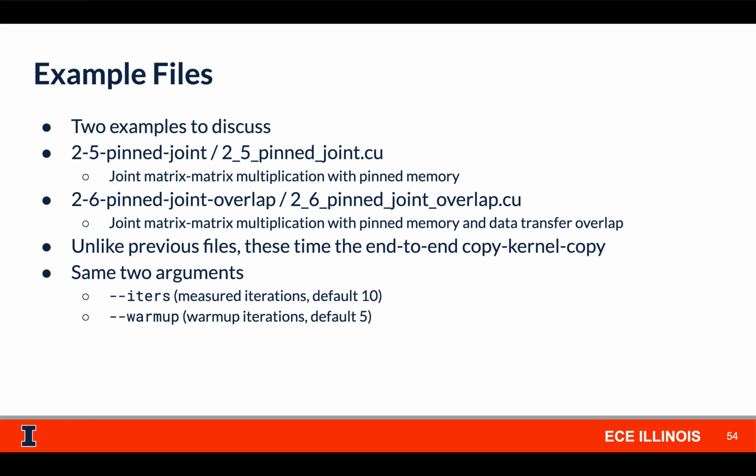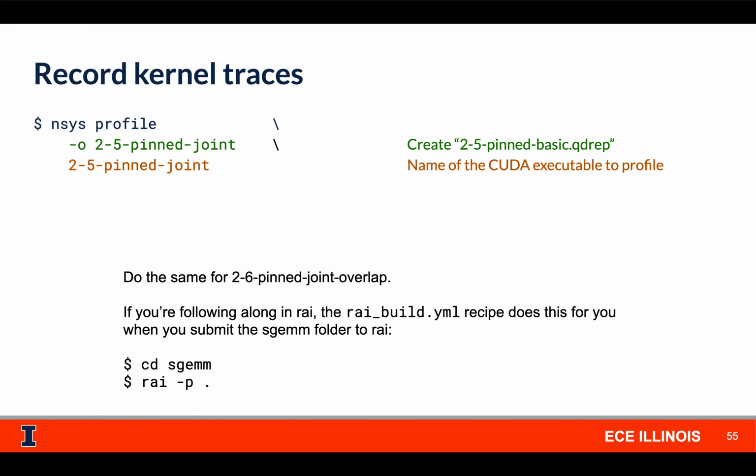If you want to run this code yourself, it takes some similar arguments to the previous code, where you can change the number of measured iterations and the number of warm-up iterations. If you're using Rye, the Rye build file that we provide does all of this for you. If you want to run this code on your own system, you're going to do nsys profile. nsys has a number of subcommands, so we're going to do the profile command. You give it the output name, and it's going to append a qdrep extension to it.